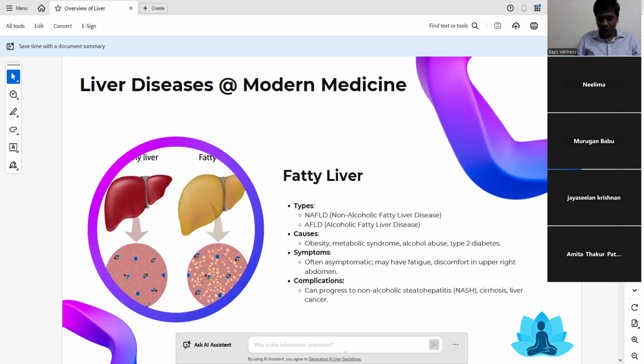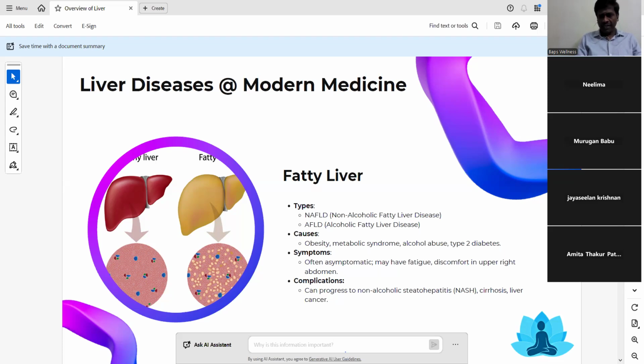The percentage of NAFLD, non-alcoholic fatty liver condition, is more than alcoholic fatty liver. And there is no age differentiation either, like normally only after a certain age persons may get it. No. We have seen so many cases of youngsters, around their 30s, who have got fatty liver disease.